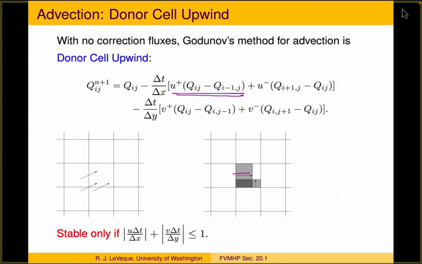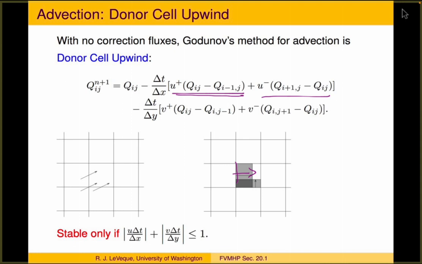That would give some wave that's moving in from the left edge of the cell. And then we would also have u minus times Q_i+1,j. In the picture here, I'm assuming u is positive, so there wouldn't be any wave coming in from the right edge, and so that term in this case would be 0.